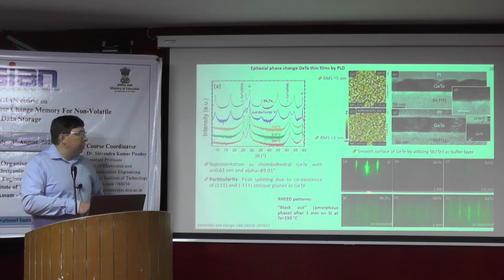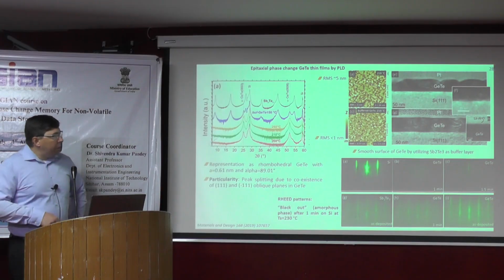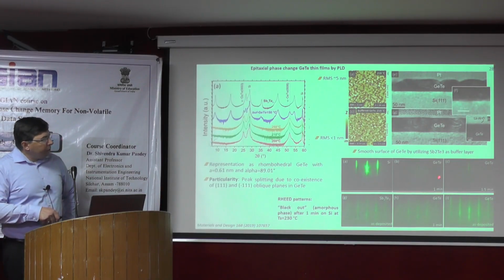If you start with your substrate, in this case silicon, then after 1 minute of growth, something is happening here. You see a blackout, so no streak pattern, nothing.